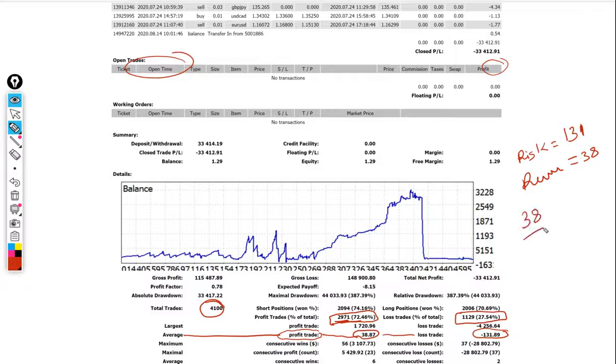So if you take the risk reward, meaning reward divided by risk, you get a ratio of 0.29.